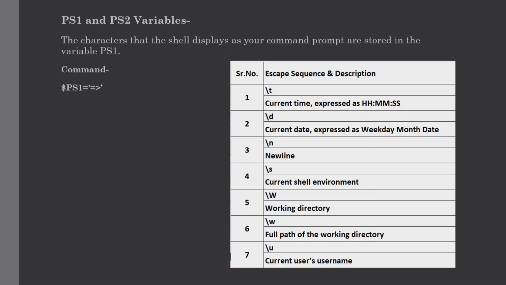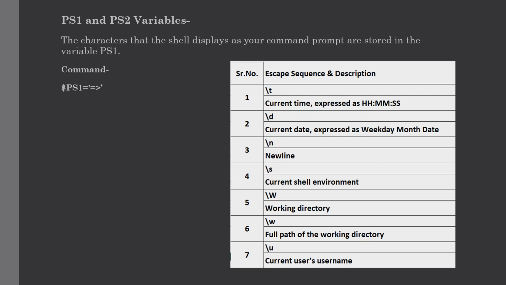There is one more topic, which is escape sequences. Escape sequences are special functions that we can use as value arguments for PS1. Here I have presented some escape sequences and their descriptions.